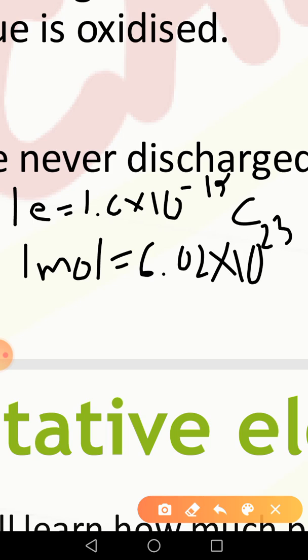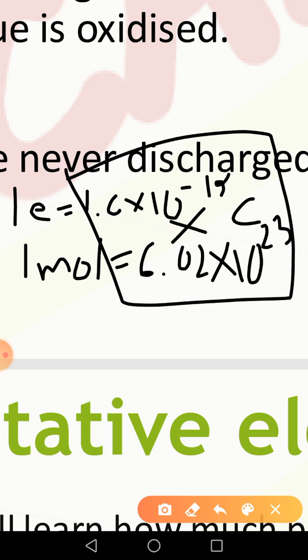So the charge of 1 mole of electrons will be the product of these two, isn't it? So that is the 1 Faraday.